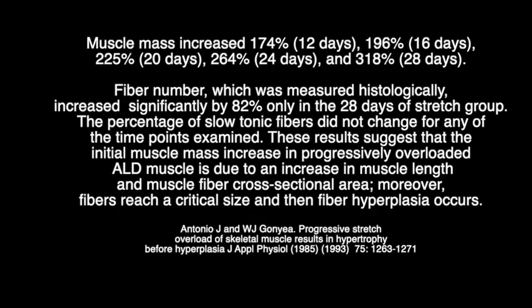That sounds familiar. And they found a shocking growth: a 318% increase in muscle size at 28 days, with an 82% increase in muscle fiber number. It's important to realize that even in this study, the hypertrophy occurred first, and then the hyperplasia occurred afterwards, probably after the muscle fibers reached a certain critical size, just like in the fat cell model.